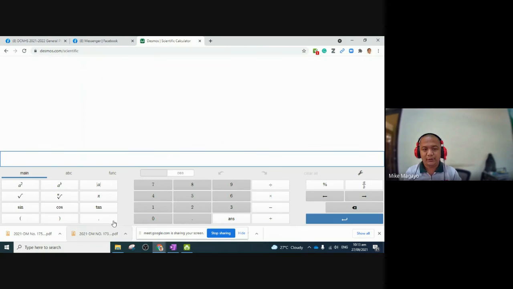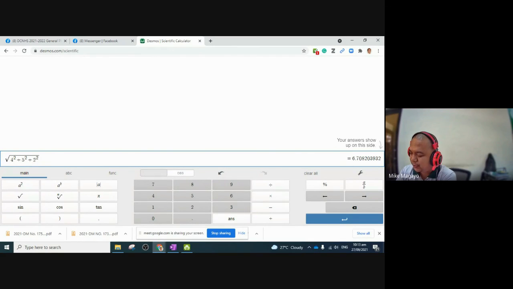Using Desmos, you have 4 units squared plus 5 units squared plus 2 units squared. So the answer is 6.7 in the calculation.